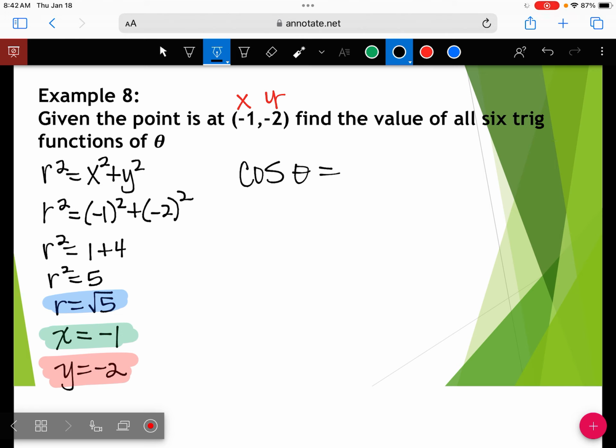So cosine is going to be what over what? Which two do I use? X over r, good. So it would be -1 over root 5. Can I leave it like that? Nope, we got to rationalize.